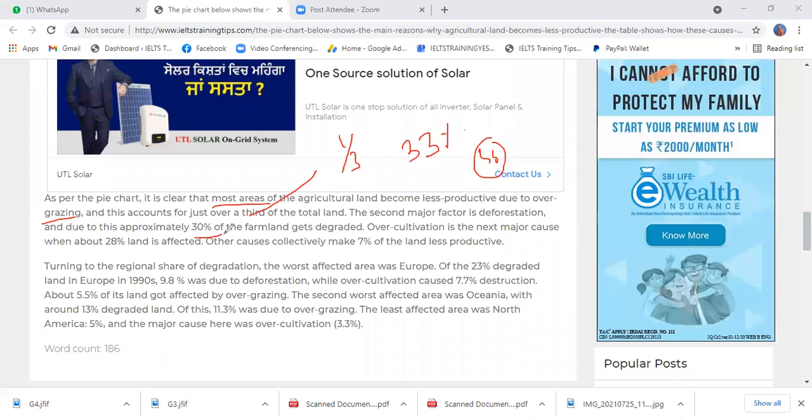Next, in descending order, 35, 30. Overcultivation is the next major cause, again descending, 28%. Other causes the least, 7%. So it is in the reverse order, and you have to order that. So from the worst problem to the least problem.